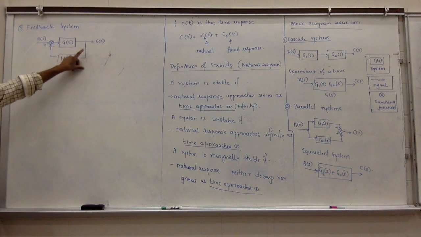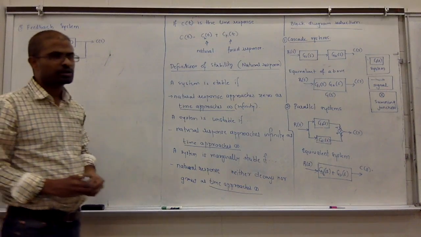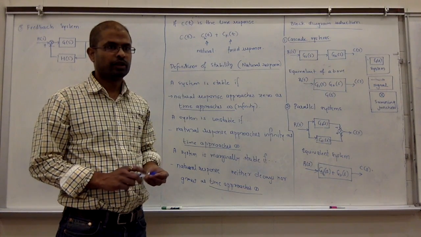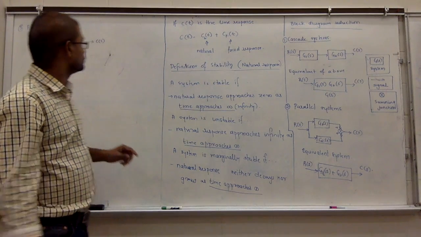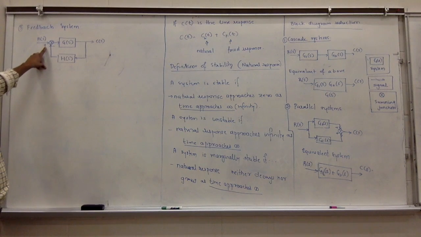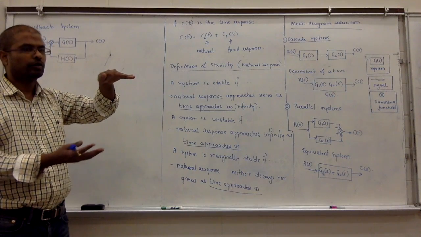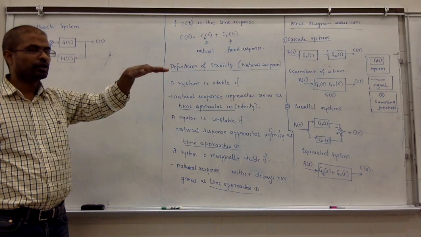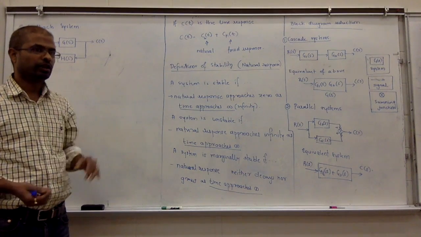Whatever you are sensing, what is a transducer? A transducer is nothing but converting one physical quantity to another. How does that have a negative sign? When you're trying to follow a certain desired, you're trying to reach a desired output, you want to figure out how off you are from the actual output.